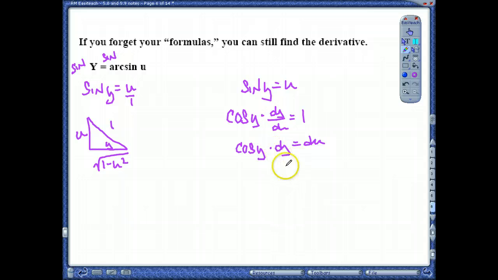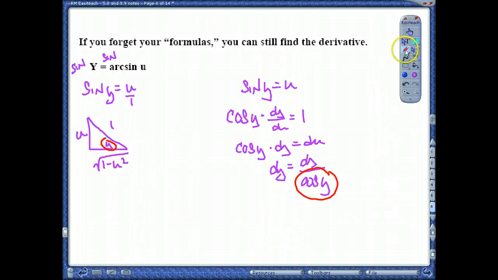Now, I really want this to be in terms of dy. So I'm going to have to divide through by cosine of y. I would like this to all be in terms of u. So that cosine of y, I'm going to substitute out using my little triangle here.